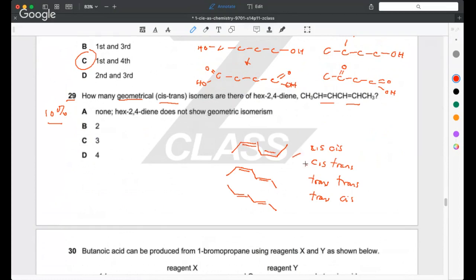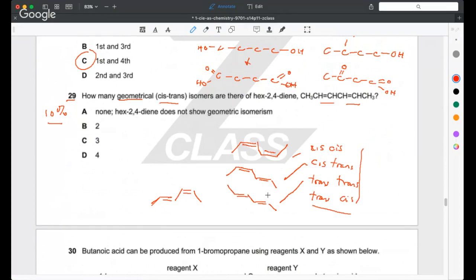And then the last one, this one here, trans-cis, is going to be like this. Okay, all right. So you're just thinking here where you've got 2 possible isomers, you've got 2 double bonds. It looks like you should be answering 4 over here. There's 4 possible isomers because you've got cis-cis, cis-trans, trans-trans, and trans-cis.